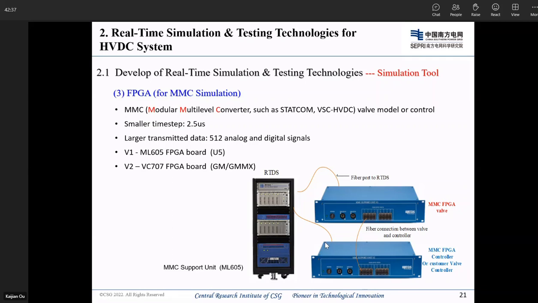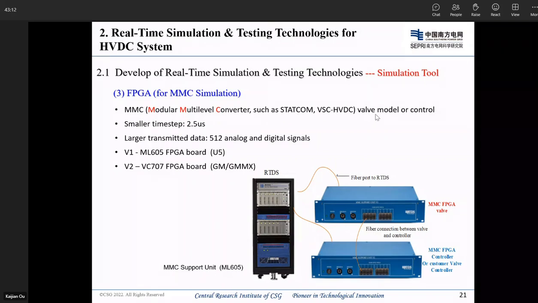Another simulation tool is APJ. The APJ is used to simulate MMC, that is, VSC HVDC. MMC is a modular multilevel converter, such as STATCOM and VSC. This one models the converter and controller.